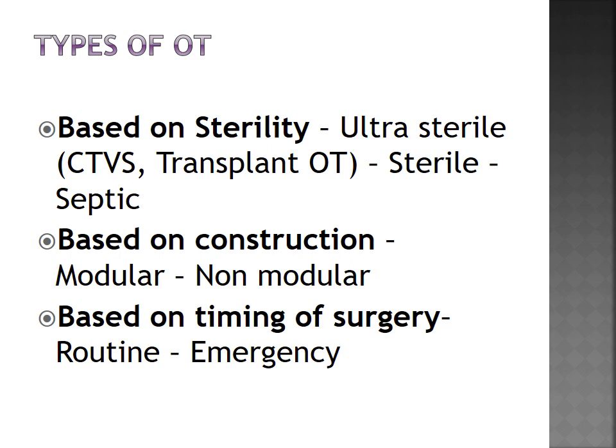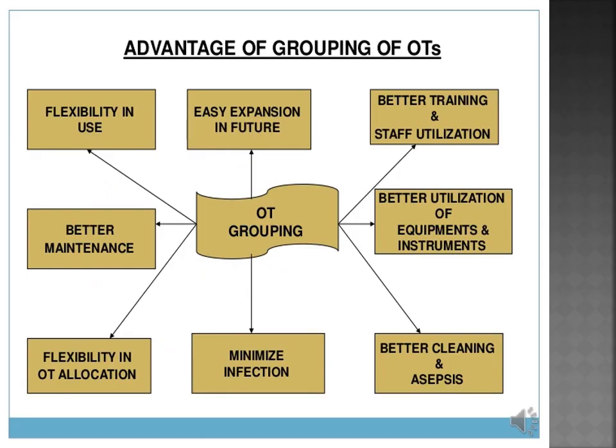I'll be showing this to you in the following slides. The classification can also be done based on the construction as modular or non-modular, also based on the timing of surgery, because not every surgery that is being performed is going to be elective or otherwise called routine. There are also emergency surgeries that will be performed. So based on that as well, the operation theatre can be classified.